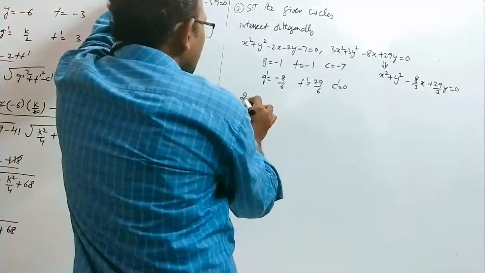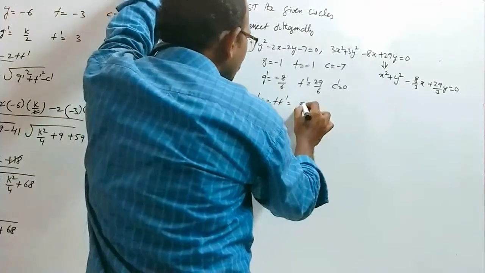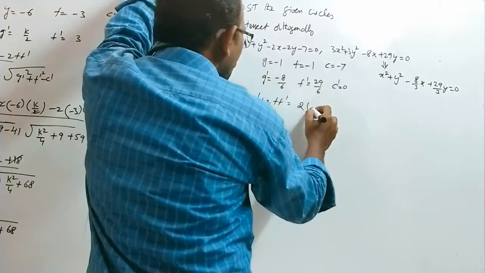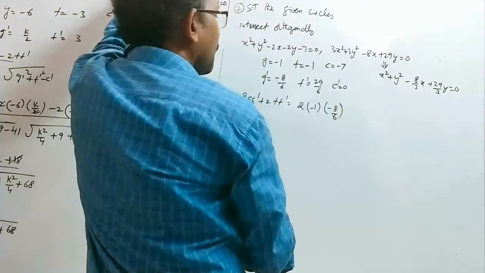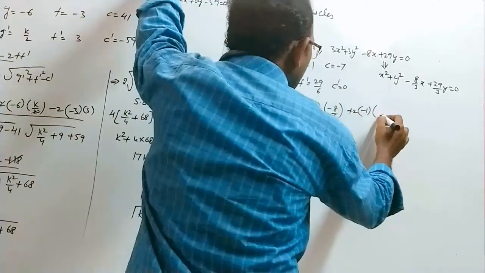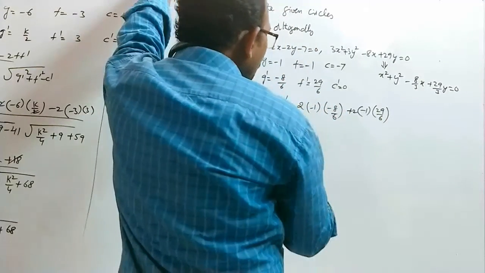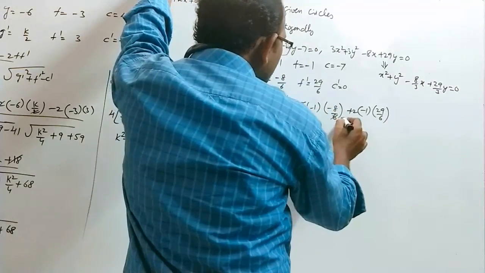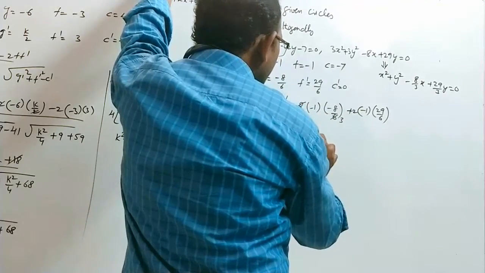Now let us find 2g g dash plus 2f f dash is equal to, therefore 2 into g, minus 1, g dash, minus 8 by 6, plus 2 into f, minus 1, f dash, 29 by 6. Therefore here 2 1s are 2, 3s are, minus 2 minus, plus, therefore that is equal to 8 by 3.